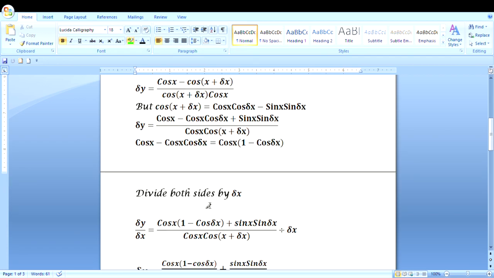Now the next thing is, because we're looking for dy by dx, we have to divide both sides by delta x.